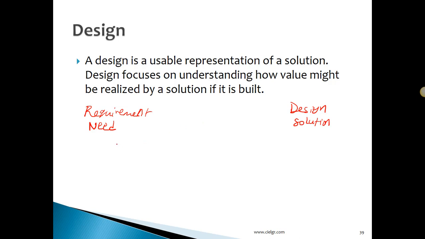So what we're simply saying is that whether a particular item is a requirement or a design is fully defined based on perspective. From the perspective of a user, a particular item can be a requirement. And from the perspective of the solution provider, that in itself can be what we now refer to as a design.